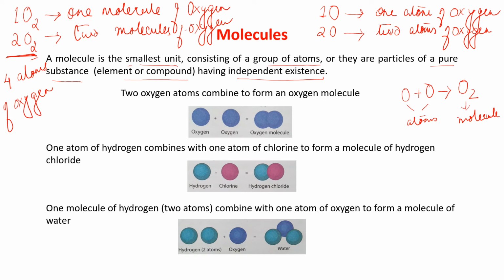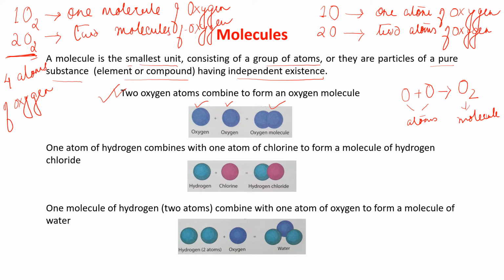So this is the difference between atom and molecules. Molecules are made by the combination of atoms. Which one is diatomic, triatomic, I will tell you afterwards. See here, two atoms of oxygen combine to form an oxygen molecule. So this is one atom, this is another atom, and it is forming an oxygen molecule.